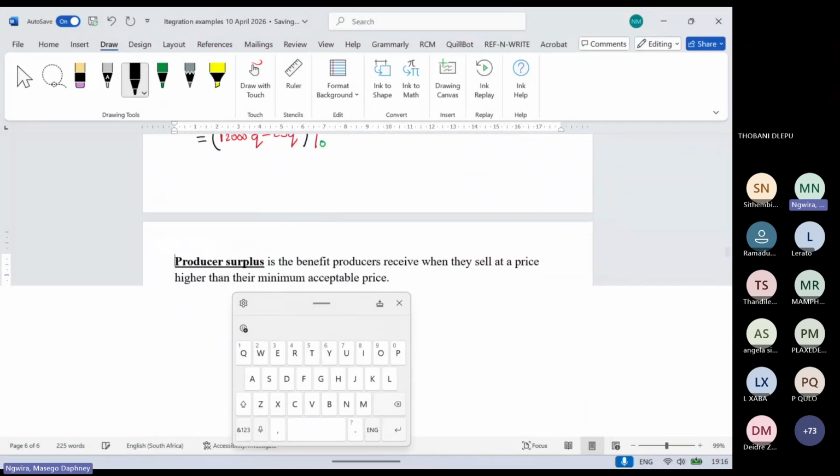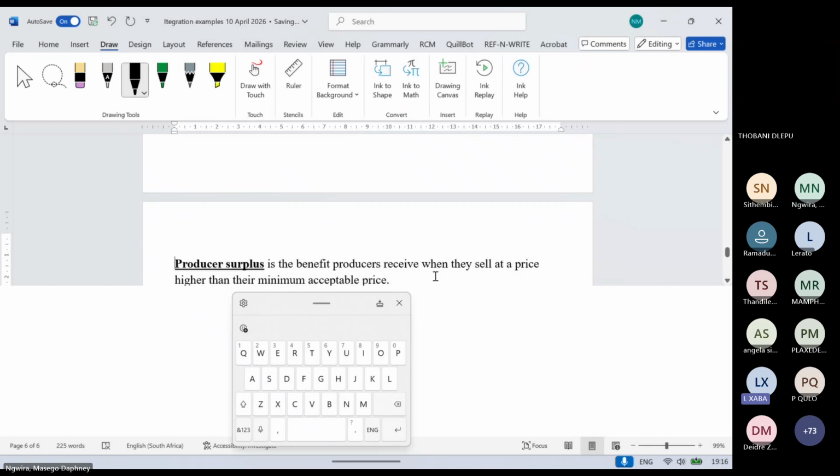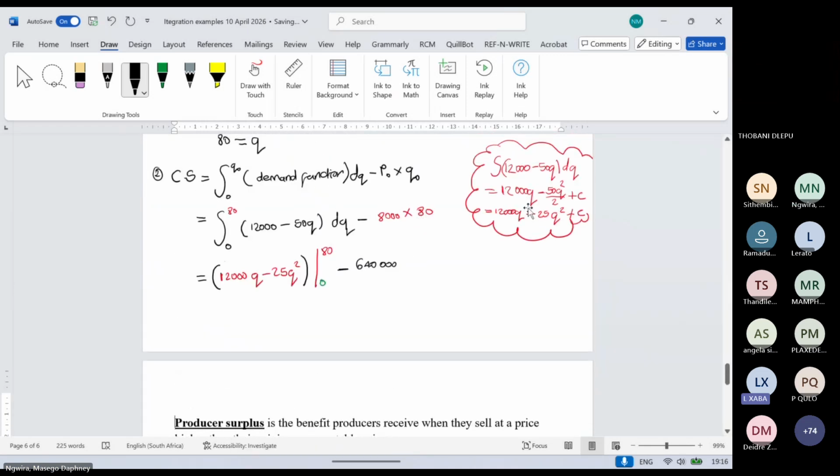You wanted to ask here? Yes, ma'am. On the integral, that divide by 2, 50 divided by 2, where does that 2 come from? I understand you multiply to get rid of the bracket, but that over 2, I'm a little bit lost. Which bracket are you getting rid of? You are integrating.